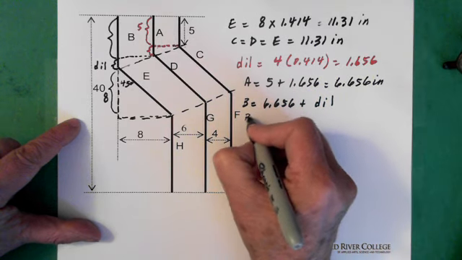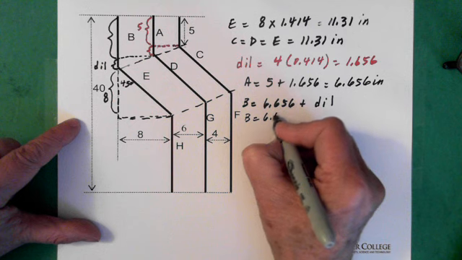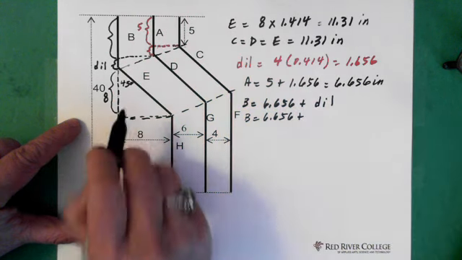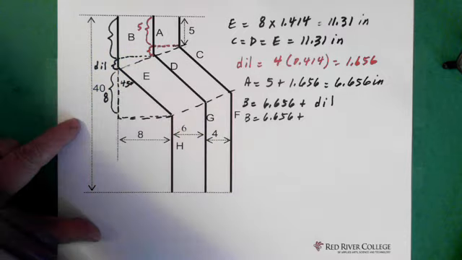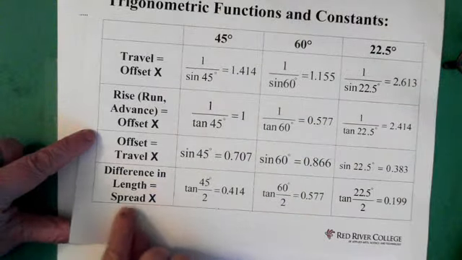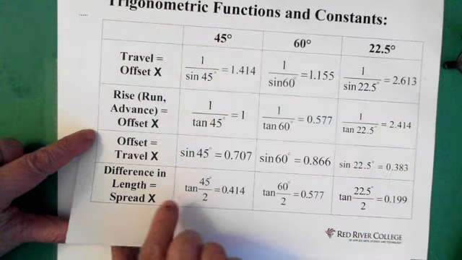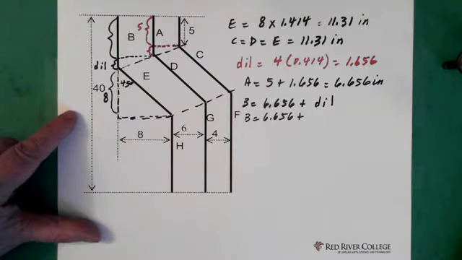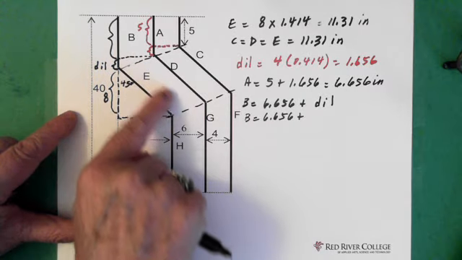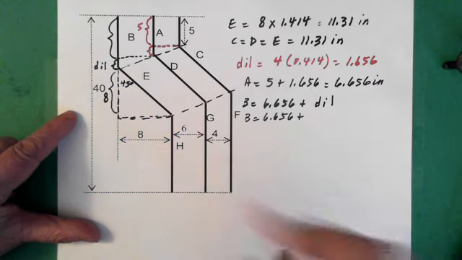So then B equals 6.656 plus the difference in length. Let's remind ourselves again: the difference in length is the spread times 0.414 when the angle is 45 degrees, okay? So the spread here, go way down here, the spread is 6.